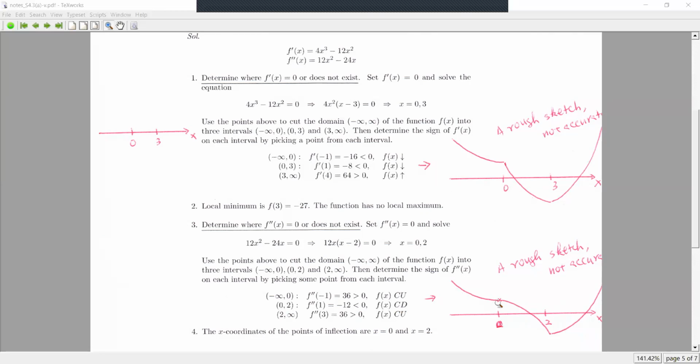Let me emphasize that this is just a rough sketch, not accurate. Concave up from negative infinity to 0, concave down from 0 to 2, then from 2 to infinity, concave up again.